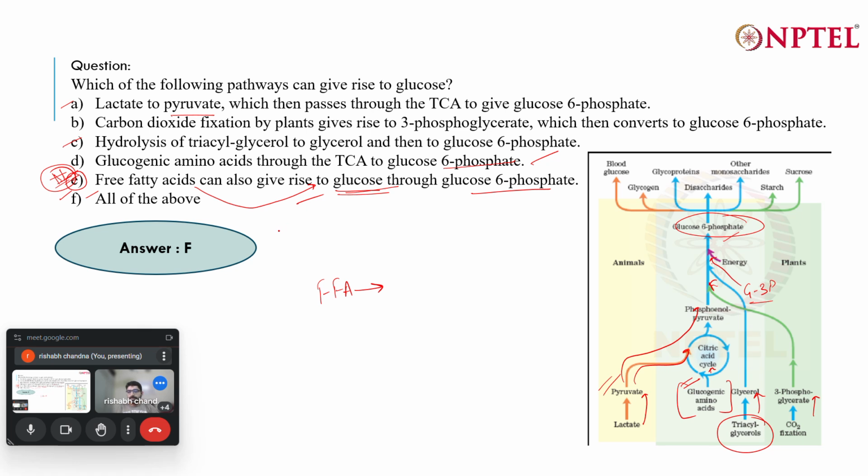Okay, so this answer is not really correct, but it's also correct with the growing research. So except for E, for now, all the other options are correct. Okay, so it would not be F basically, but it would be from A to D. Okay, so any doubts in this question?